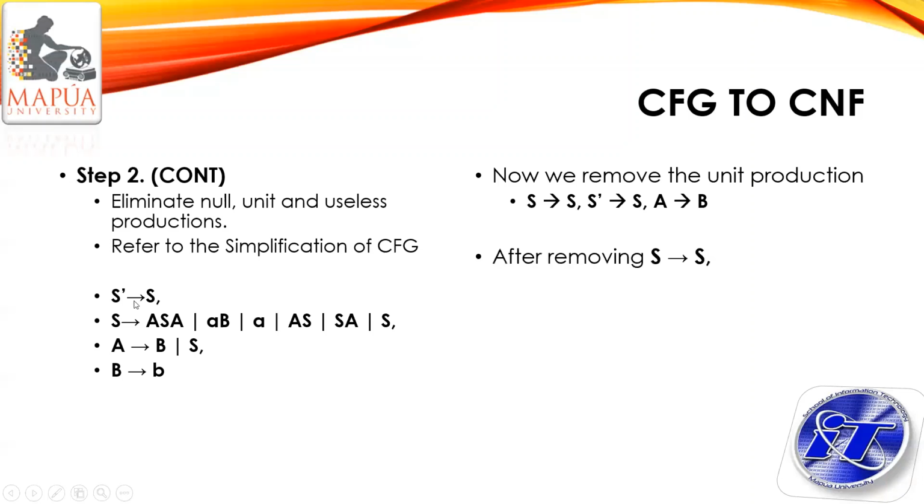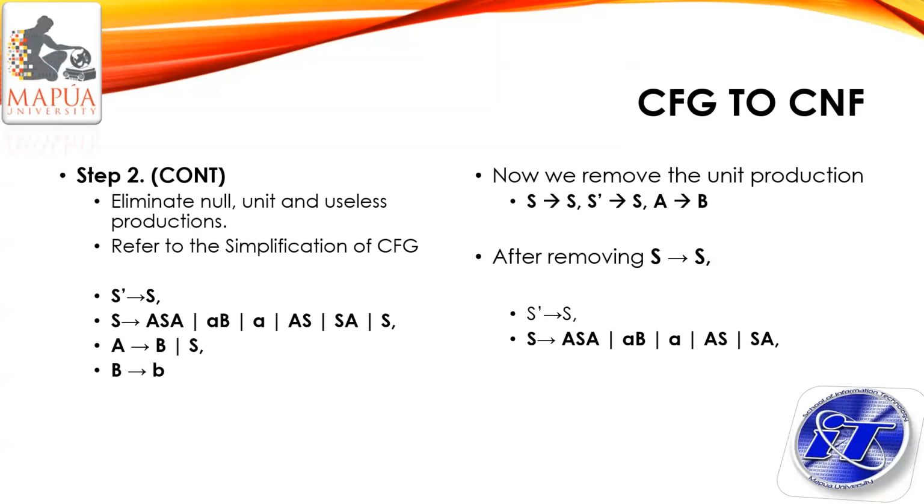Let's start by removing S yields to S. We all know that S yields to S is basically just a loop, so just remove it from the first rule.